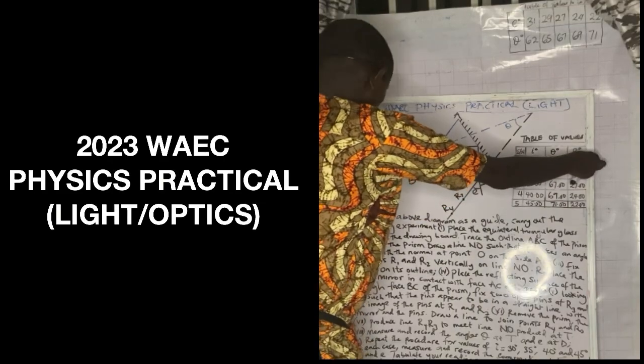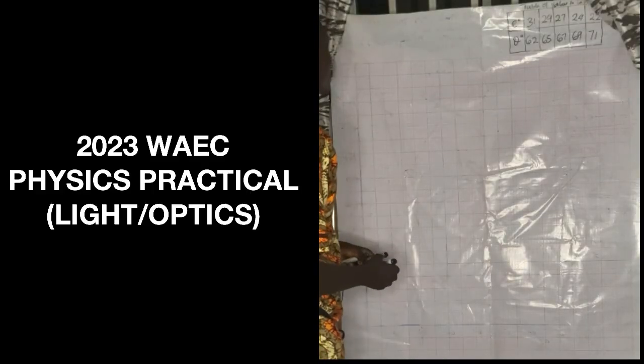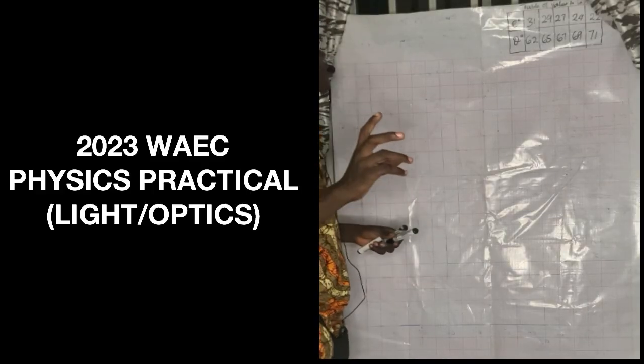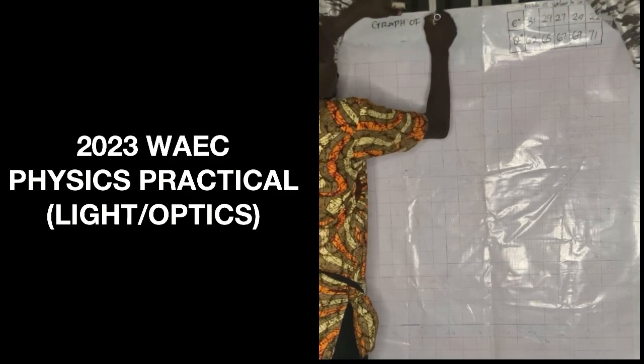First of all, let's plot the graph. We should plot E on the vertical axis and theta on the horizontal axis. So the first thing is to title the graph. Graph of E, which is in degrees, against theta, which is also in degrees.